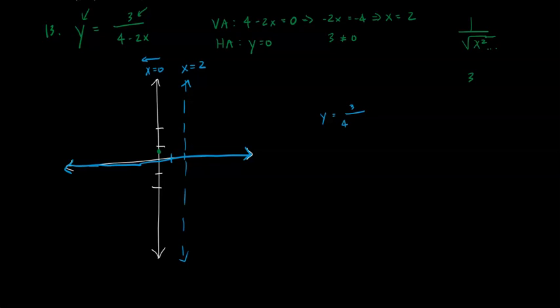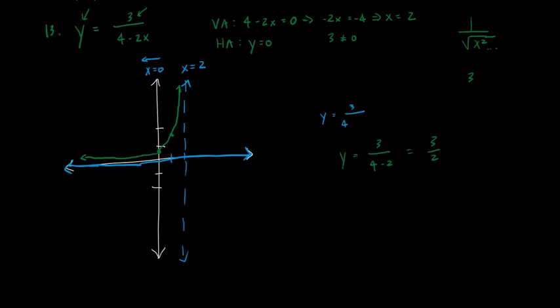And then I can put in 1 if I wanted to. y equals 3 over 4 minus 2, which equals 3 halves. So that's 1.5. 1.5 is going to be somewhere here. And the nice thing about it is that there's an asymptote here, just like that.